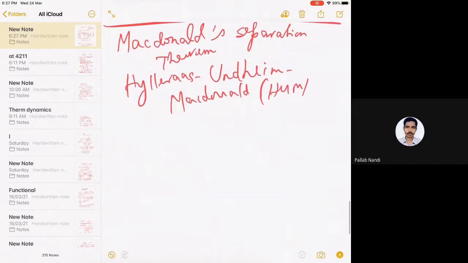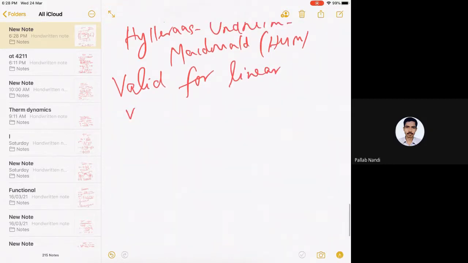This theorem is valid for linear variation, not for every variation. Like Hartree-Fock, I have been repeatedly telling, Hartree-Fock is a nonlinear variation because you change the orbital. But here I'm changing only the coefficients which appear linearly. So this is valid for linear variation. Is it clear?